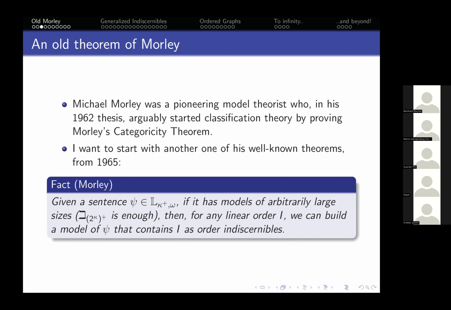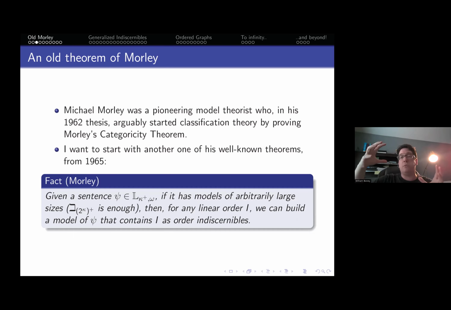So it's basically saying if you can omit types up to some big enough threshold size, then you can build models generated from some order indiscernibles that also omit those types. This is really nice. It computes the Hanf number of these classes, for instance.